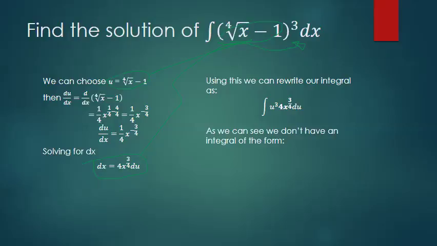And as you can see, we don't have an integral of the form we are looking for in order to apply the power rule. We have here a term that makes it not possible to apply the power rule. So in cases like this one, we can use this approach.